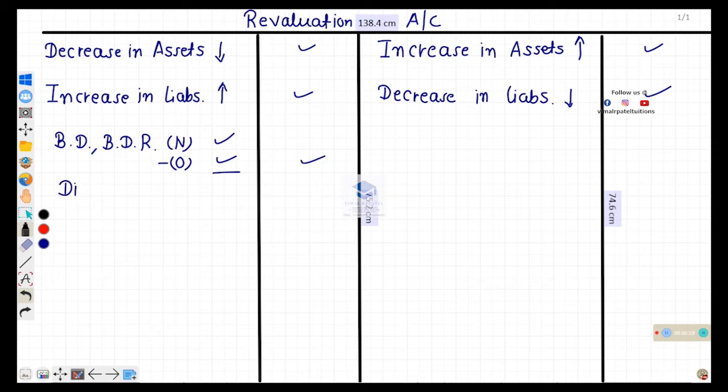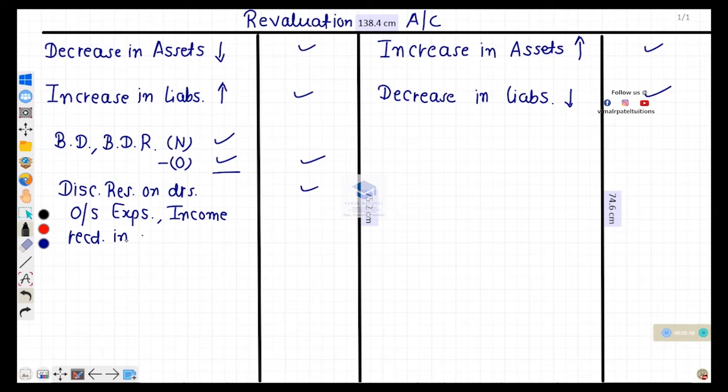Same way, discount reserve on debtors, then outstanding expense, income received in advance, all will be debited. Unrecorded liability will be debited.